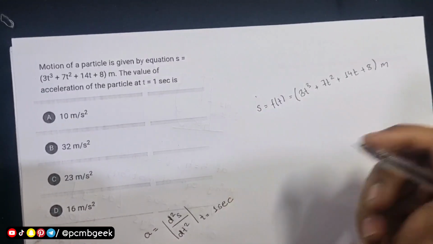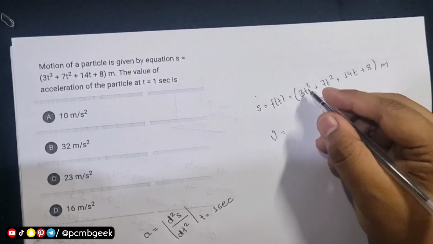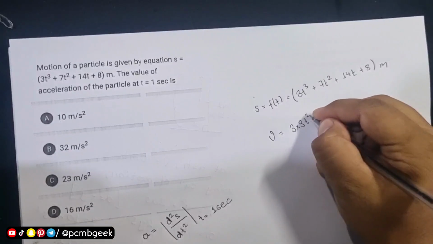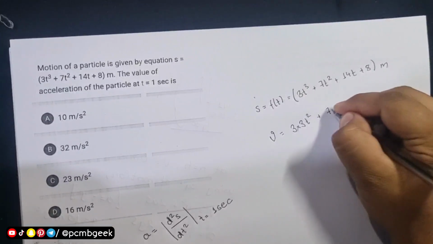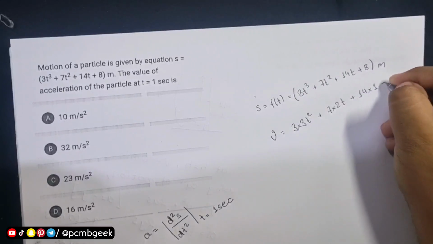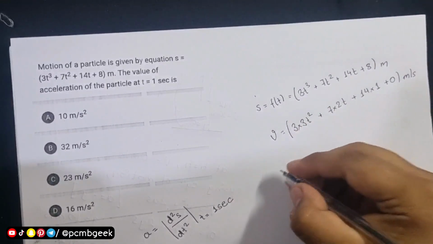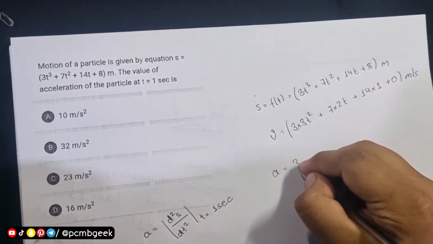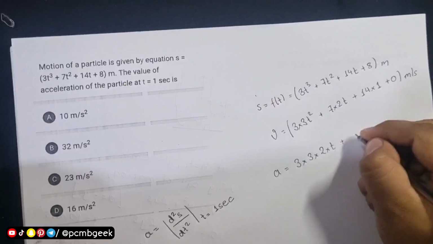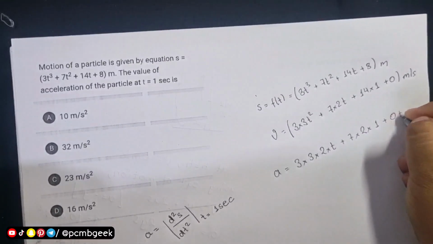Then if we differentiate this with respect to time, we get 3 into 3t square plus 7 into 2t plus 14 times 1 plus 0 meter per second. Now acceleration is given as 3 multiplied by 3 multiplied by 2 times t plus 7 multiplied by 2 times 1 plus 0.